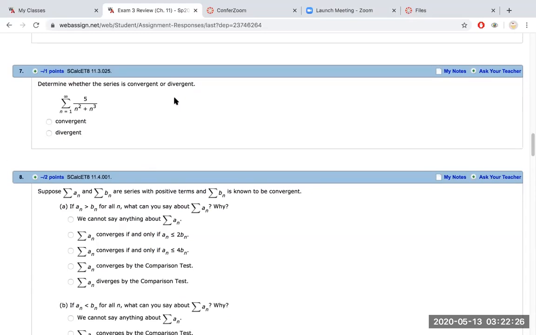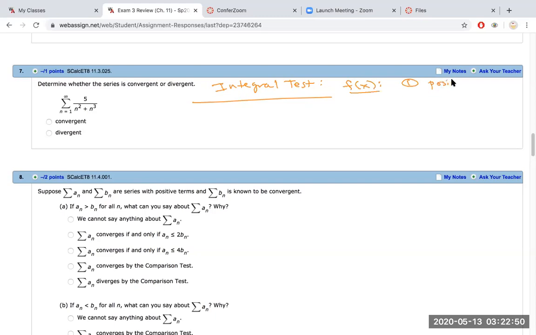So for number 7, again, this is another integral test. So remember to check your f of x conditions first.